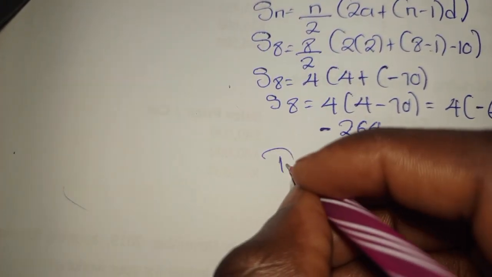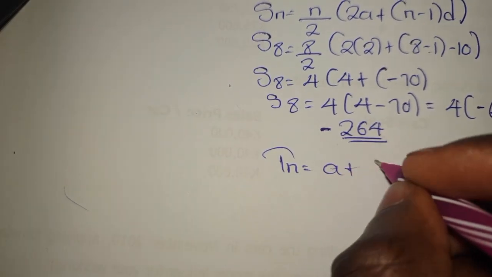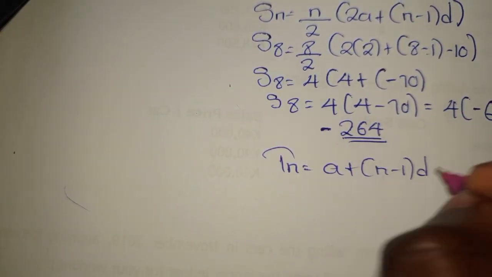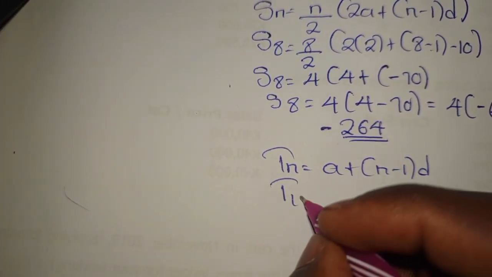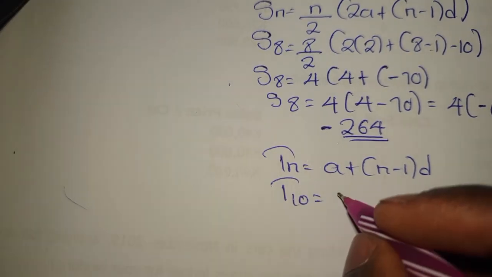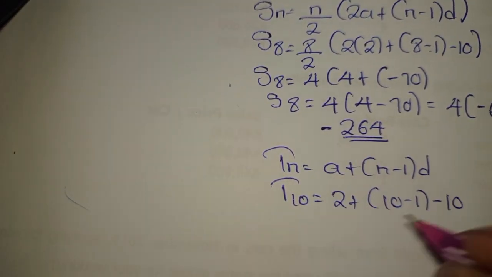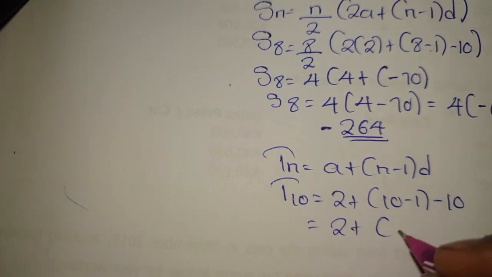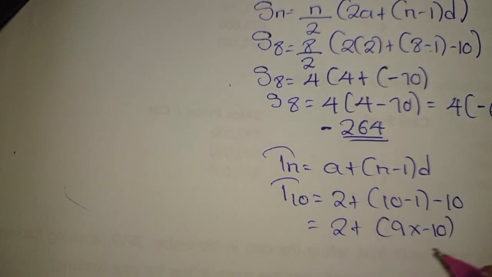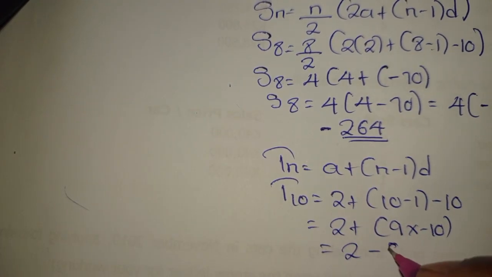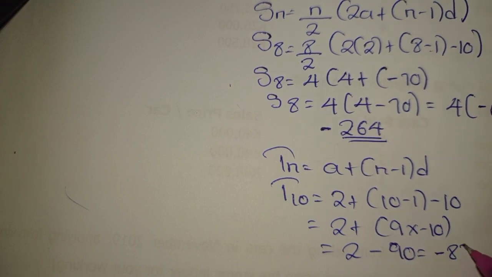So you find the 10th term, using this formula, because it is the last number in this series. So you say 10 minus 1, times -10, which will be 2 plus 9 times -10, which is 2 minus 90, giving you -88.